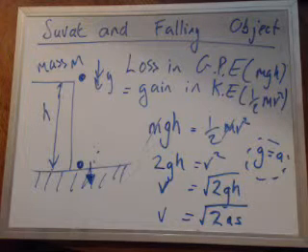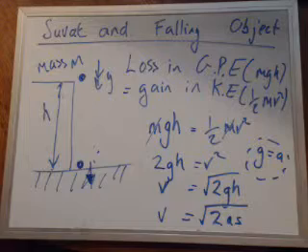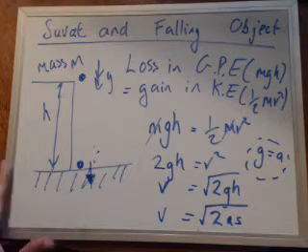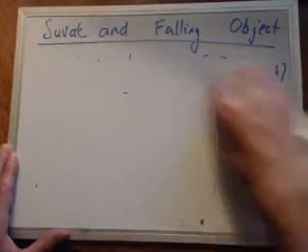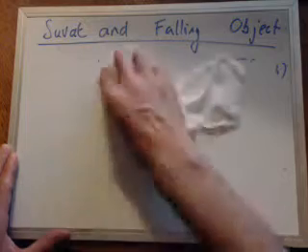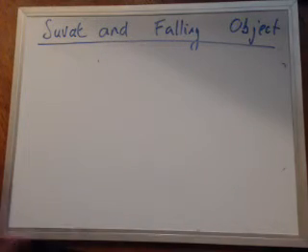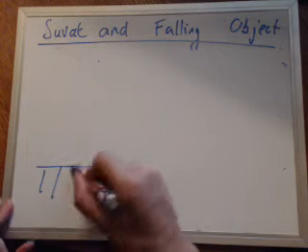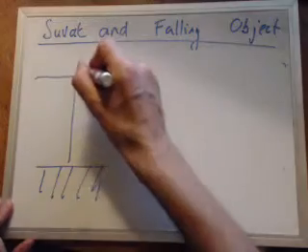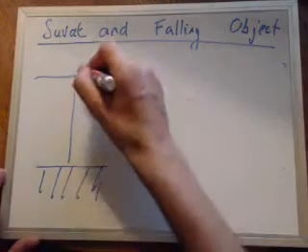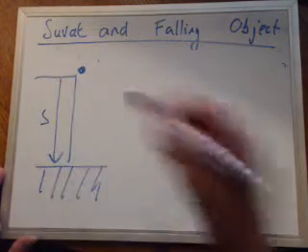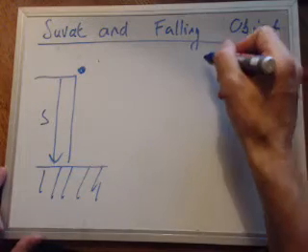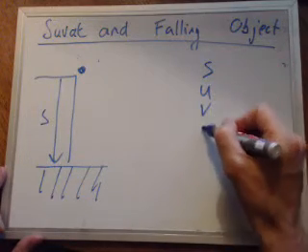Now, another thing we might want to calculate for a falling object is how long it takes to fall. You're dropping an object, how long does it take to reach the ground? The reason we're looking at that is that it's very useful when we look at projectile motion. So, same situation. We've got displacement s, starting from rest, so I'll write down Suvat.